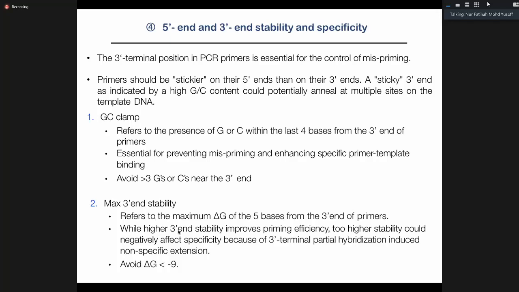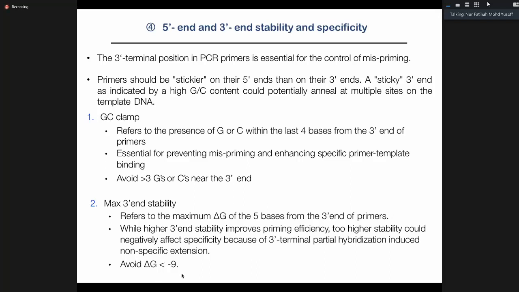While higher 3' end stability improves priming efficiency, too high stability could negatively affect specificity. This is basically about hybridization, and it can cause non-specific extension.